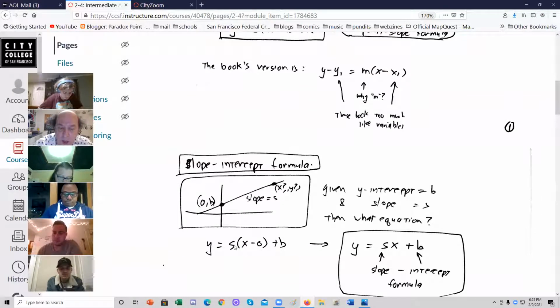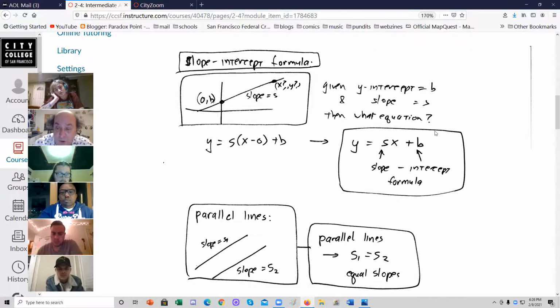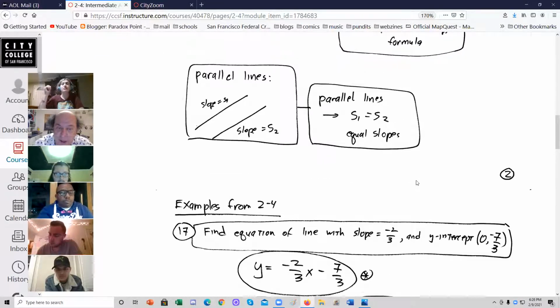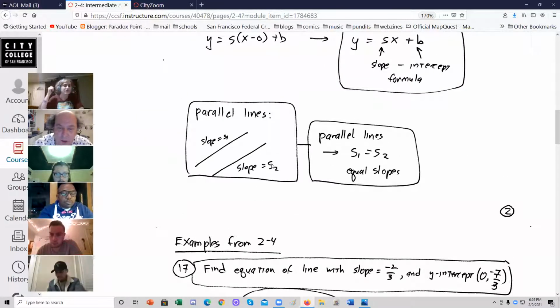You get y equals s times x minus 0 plus b, which comes out to y equals sx plus b. Okay, now this is called the slope-intercept formula because s is the slope and b is the y-intercept. This is one they actually prefer you to write because it is easy to interpret. And okay, as before, equal slopes means parallel lines and vice versa.